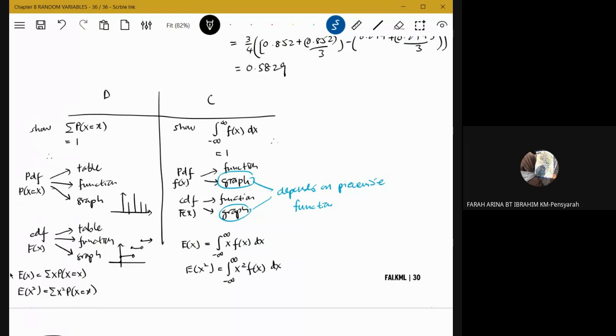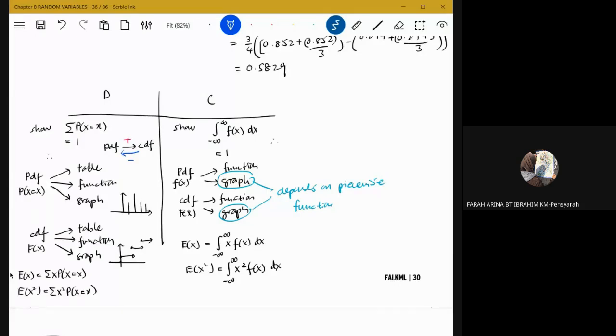Okay. So that's the general comparison between discrete and continuous, and I need to add another one. So untuk discrete daripada PDF kepada CDF, kita akan tambah. Kalau daripada CDF kepada PDF, kita akan tolak.